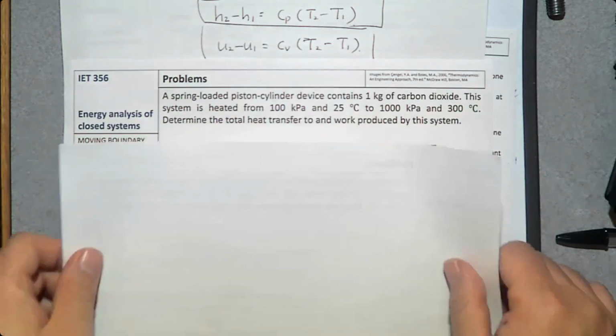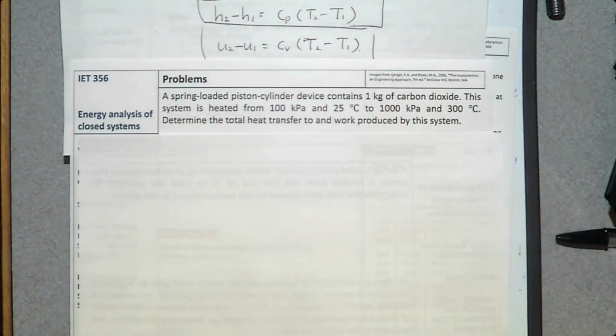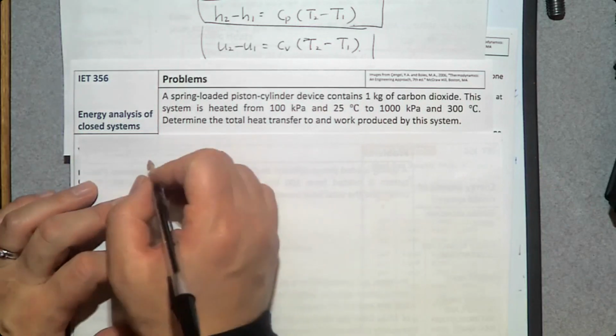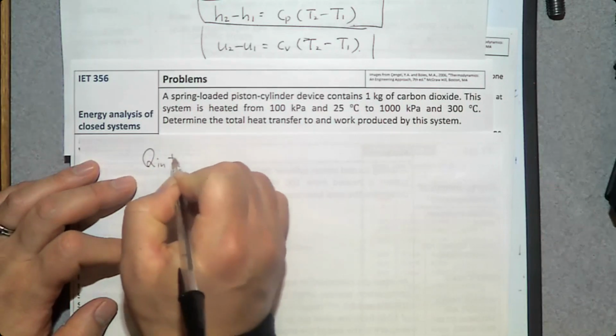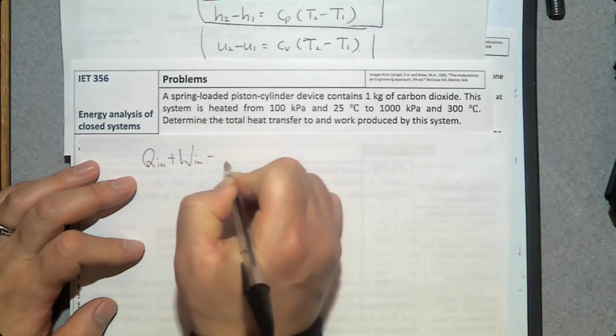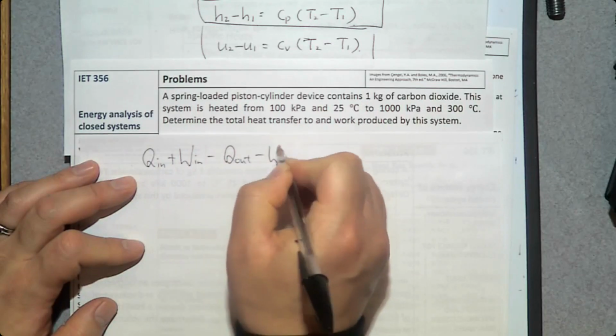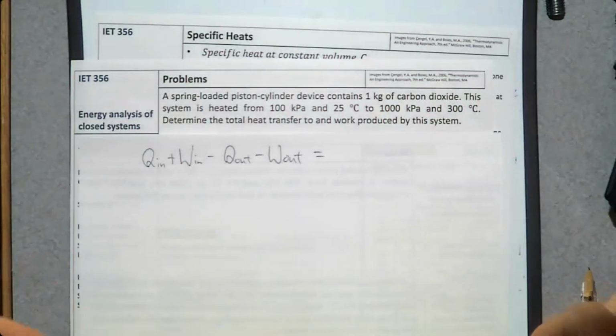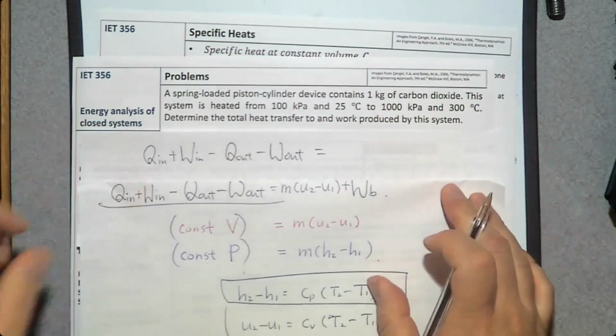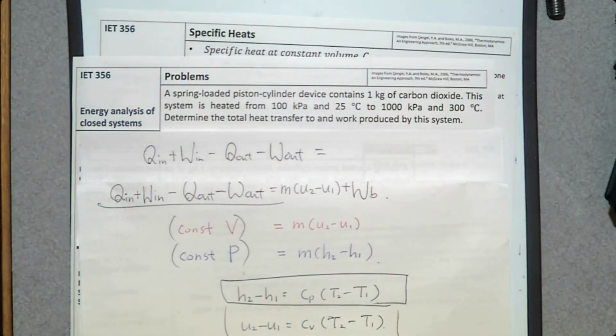So let's do that. What do you want to do? Always number one. What equation did we study? Just one. Energy balance equation. So Q in plus W in minus Q out minus W out is, there are three of them on the right-hand side.